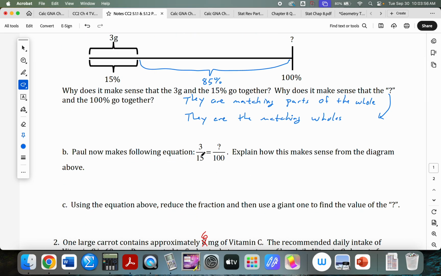So, why does this make sense? Well, we have matched the corresponding parts together and the corresponding wholes together.